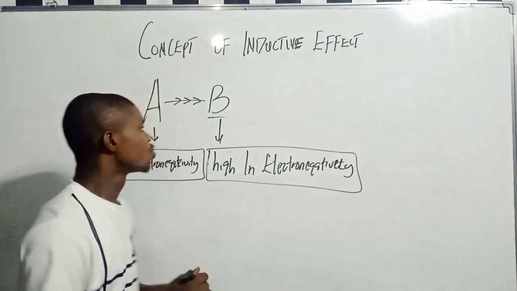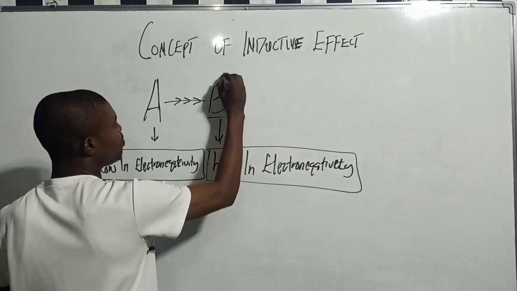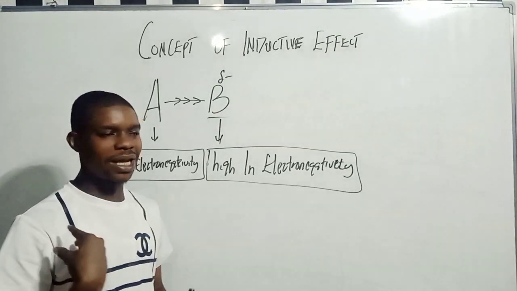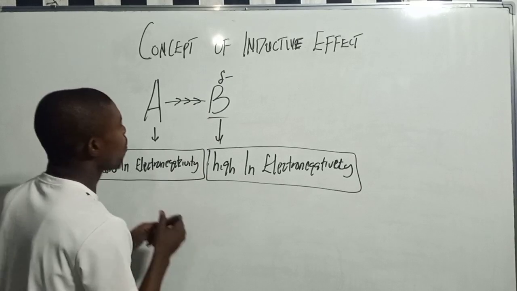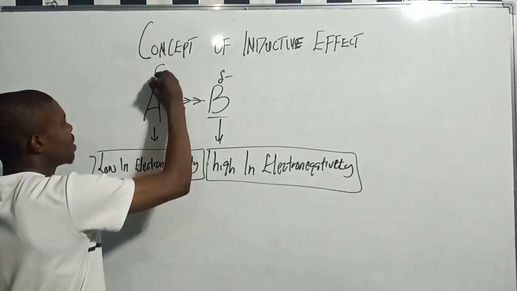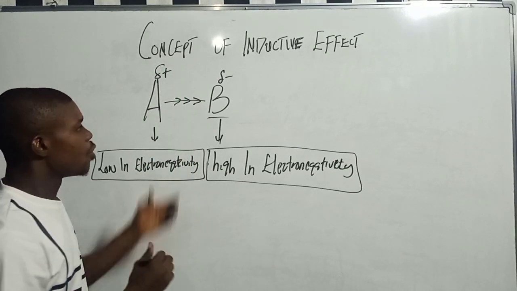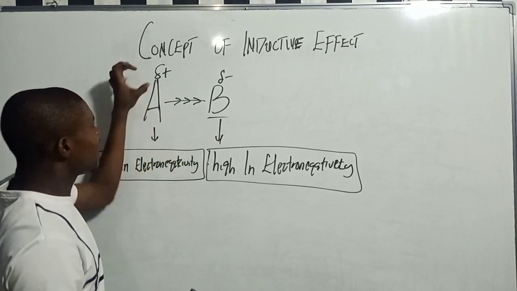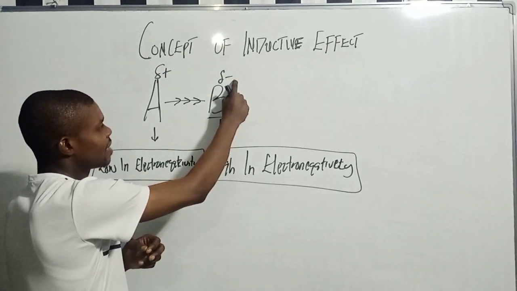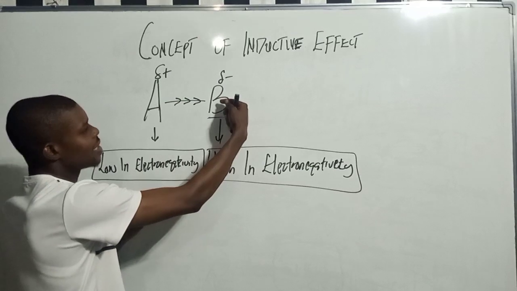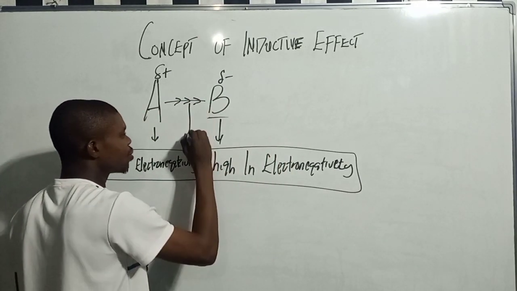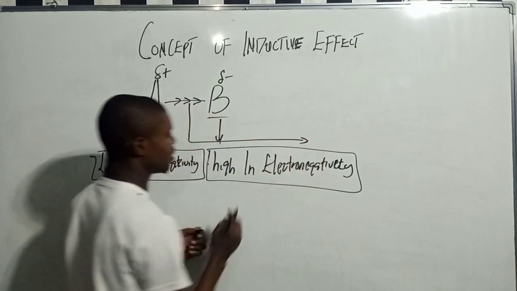Hope you understand. The side that pulls more of the bonding electrons becomes partially negative, while the side that loses the electrons becomes partially positive. When this happens, dipoles form: partially negative and partially positive. So when this atom pulls more of the bonding electrons away from the other one, you say that polarization has occurred at this point.